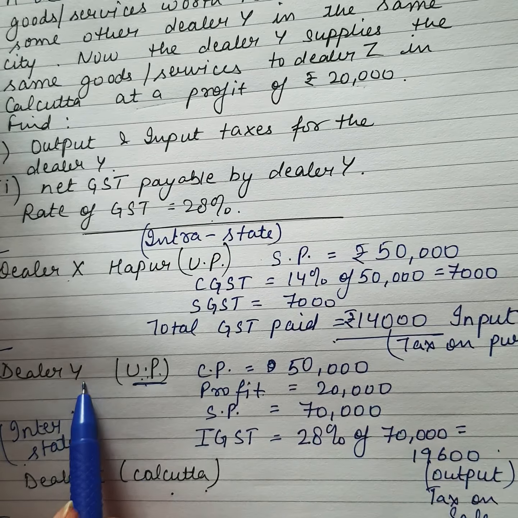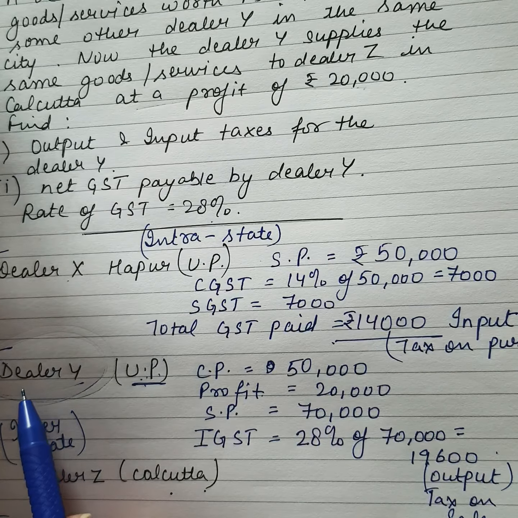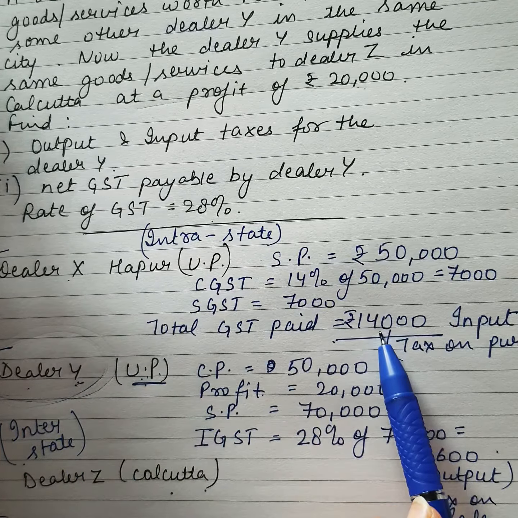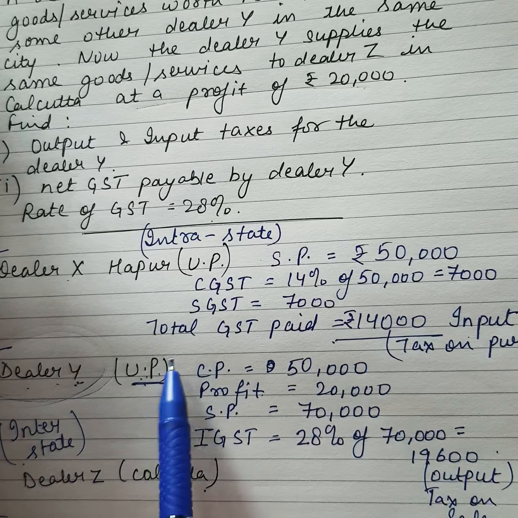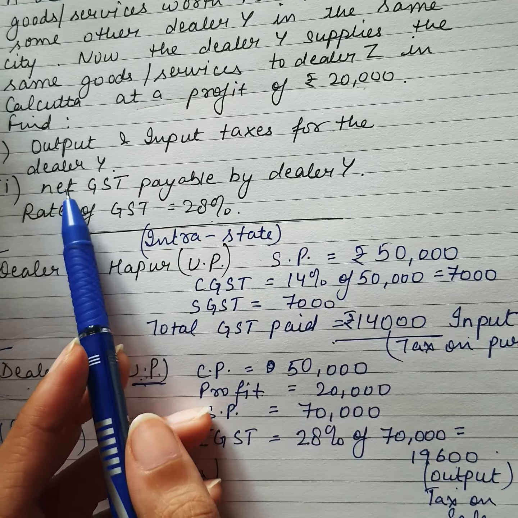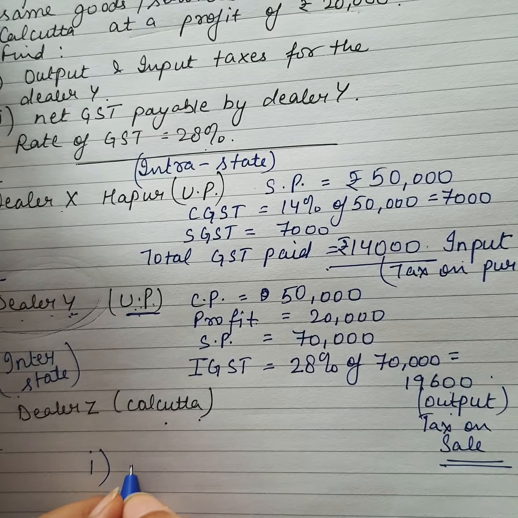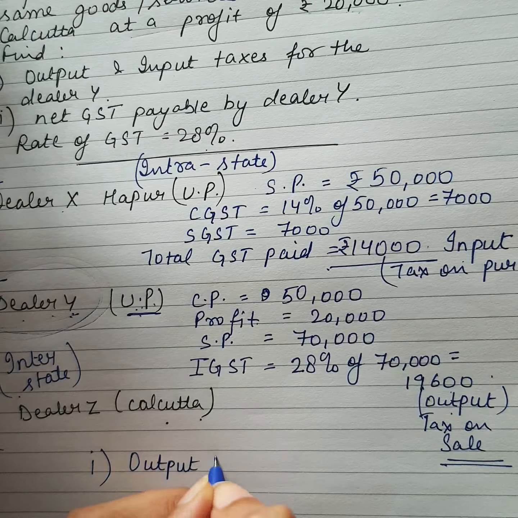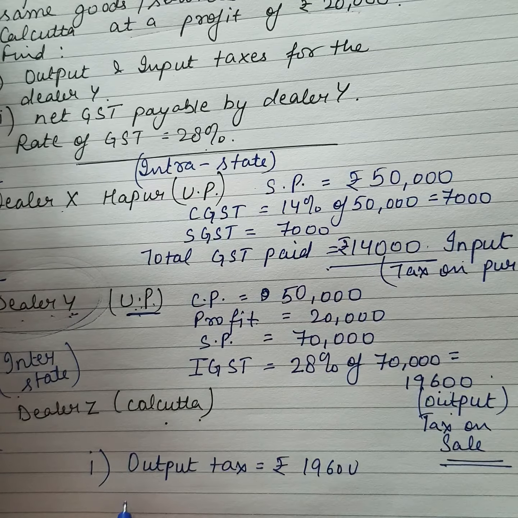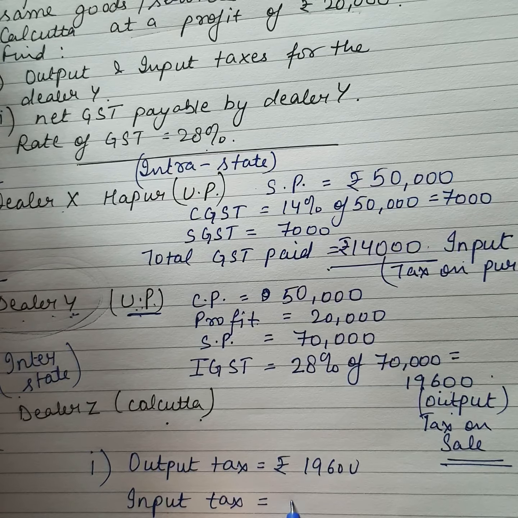Sale and purchase we check only for the middle dealer, the middle user. So for dealer Y, the tax while purchasing the goods will be this input, and the tax while selling the goods will be this output. So here we need to find output and input tax. So the output tax, first part, will be rupees 19,600 from here, and the input tax will be 14,000.